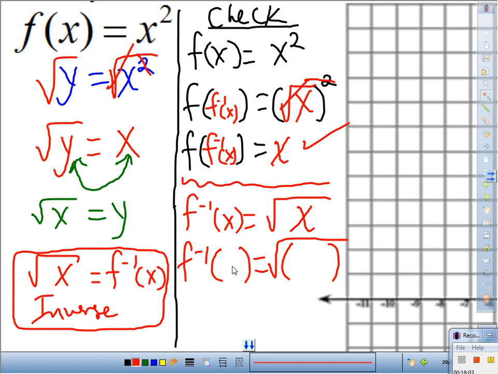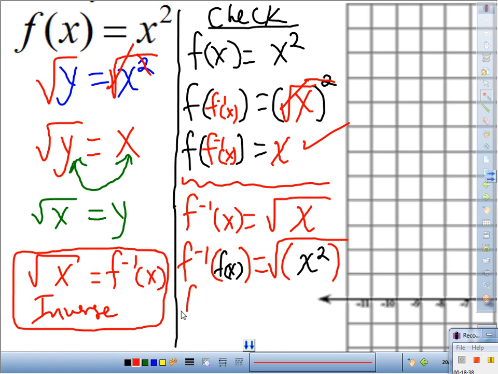What do I write in here, guys? F of x, that is correct. F of x. What was the rule for f of x? X squared, so that goes in here, x squared.